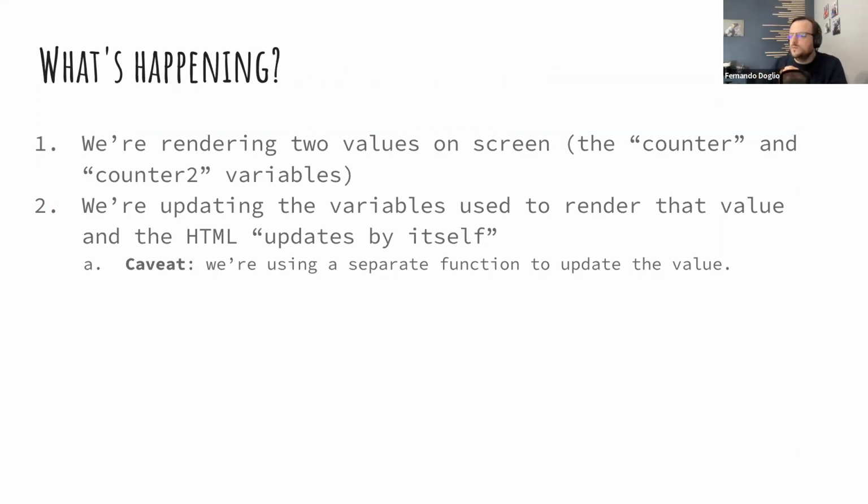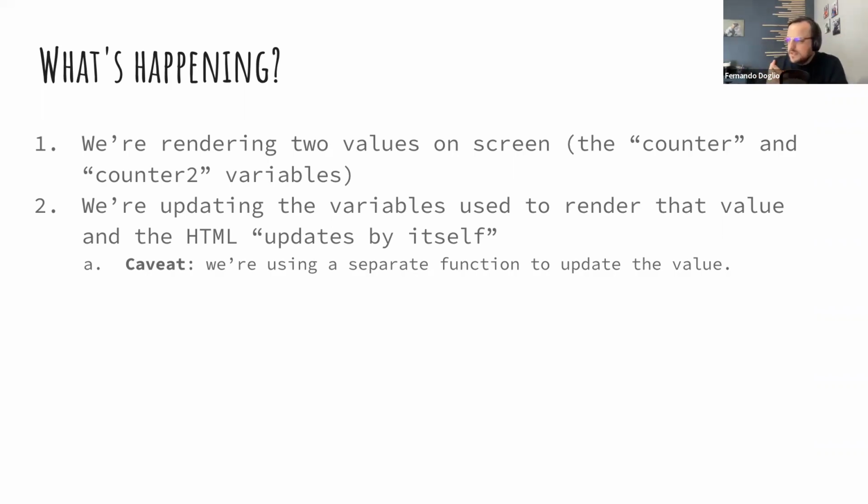Those are the ones that we care about. And we're updating the variables using the setters that React gives us through the useState hook. And the HTML is updating by itself. The HTML is doing its own thing. We don't think about it.